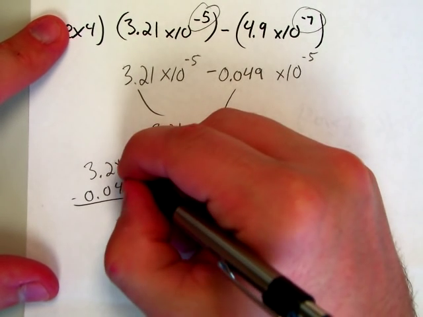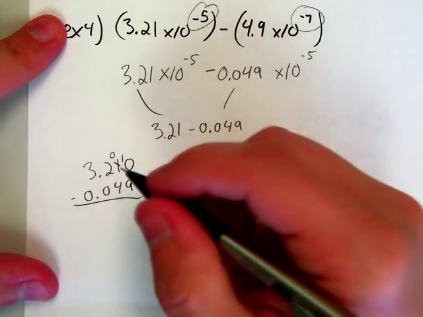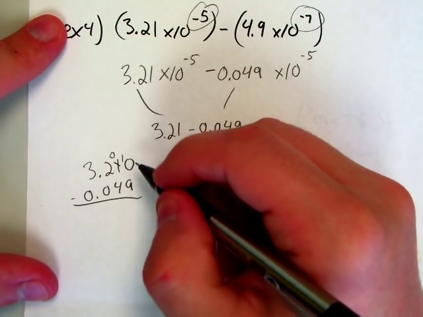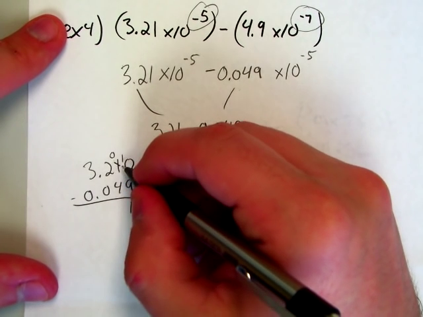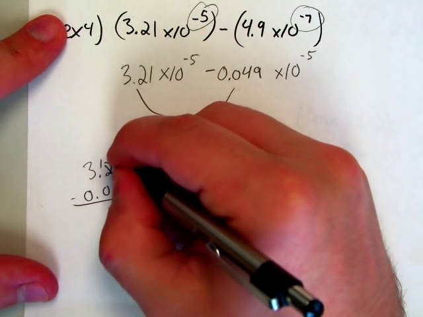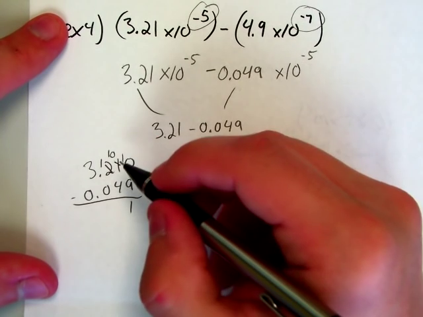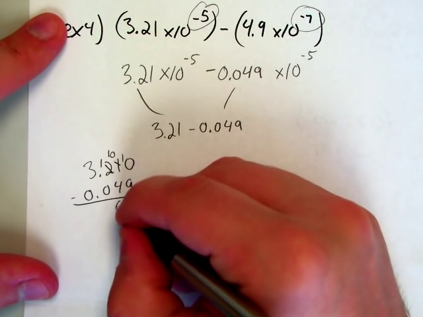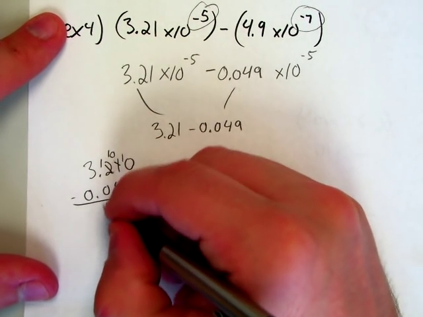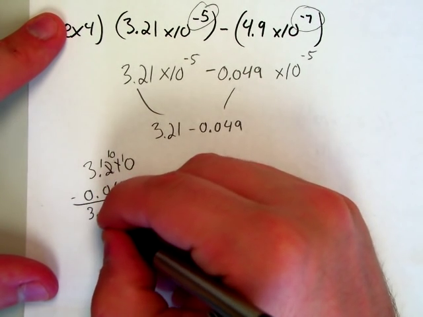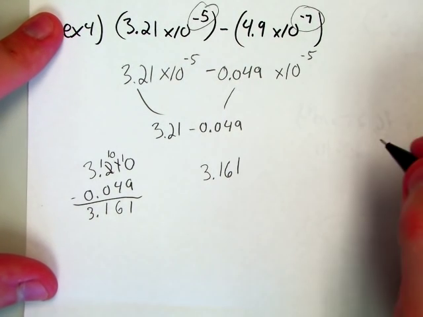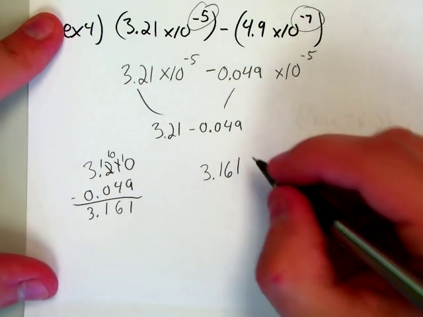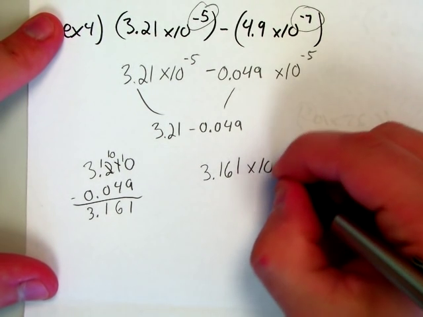I can't take 9 away from 0, so I come over here to borrow. 10 minus 9 is 1. Now I can't take 4 from 0, but what I can do is come over here and borrow again. 10 minus 4 is 6. 1 minus 0 is 1, and 3 minus 0 is 3. So I have 3.161, and bring down the power of 10.